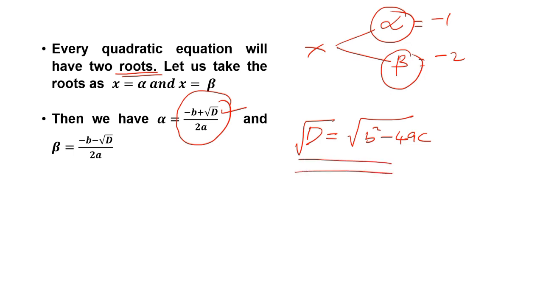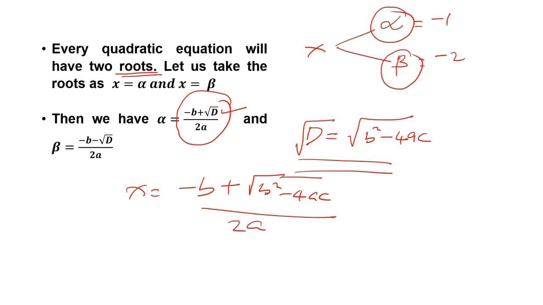And the second value is minus b minus root d by 2a. That is, x value will be minus b plus root b square minus 4ac by 2a, or the second value will be minus b minus root b square minus 4ac by 2a.